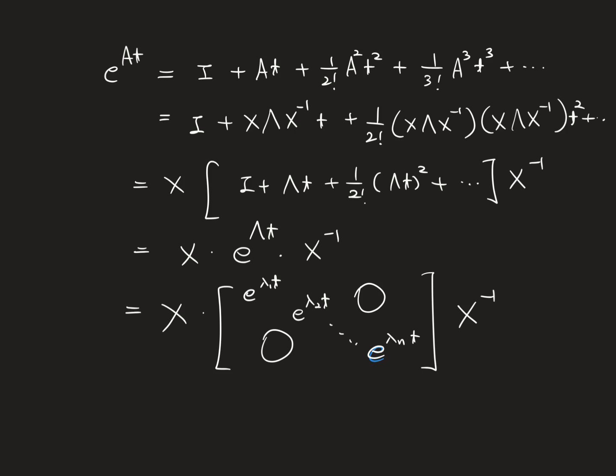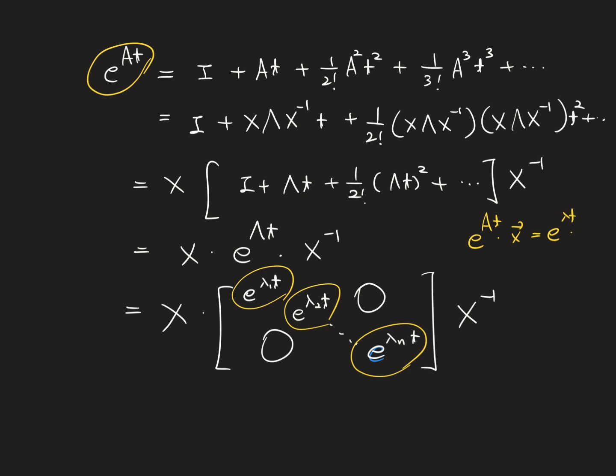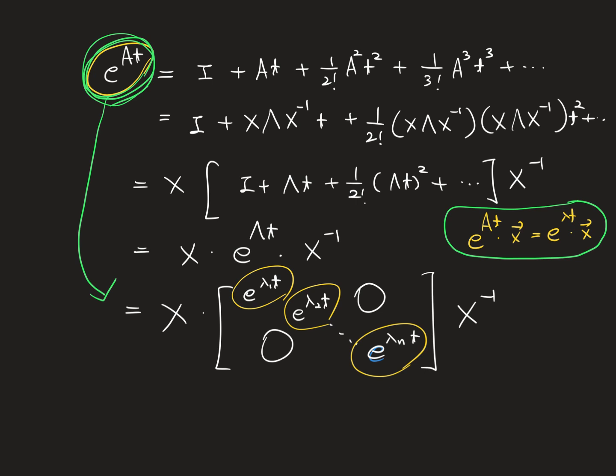We already know that the eigenvalue of e to the at is just e to the lambda t, because we derived that relation in the previous slide: e to the at times x vector is just e to the lambda t x, when x is an eigenvector and lambda is an eigenvalue of A. So we could go directly here, because the eigenvector of this matrix is just this.